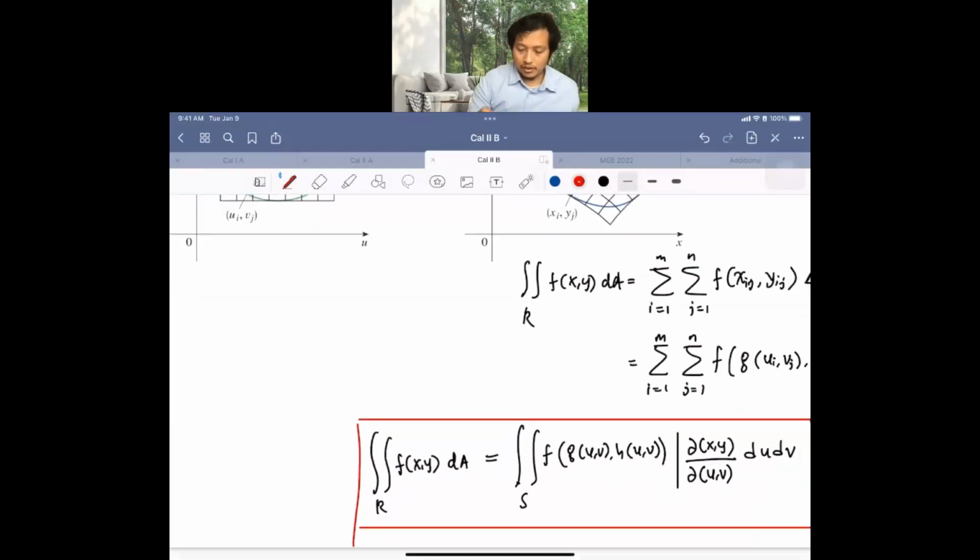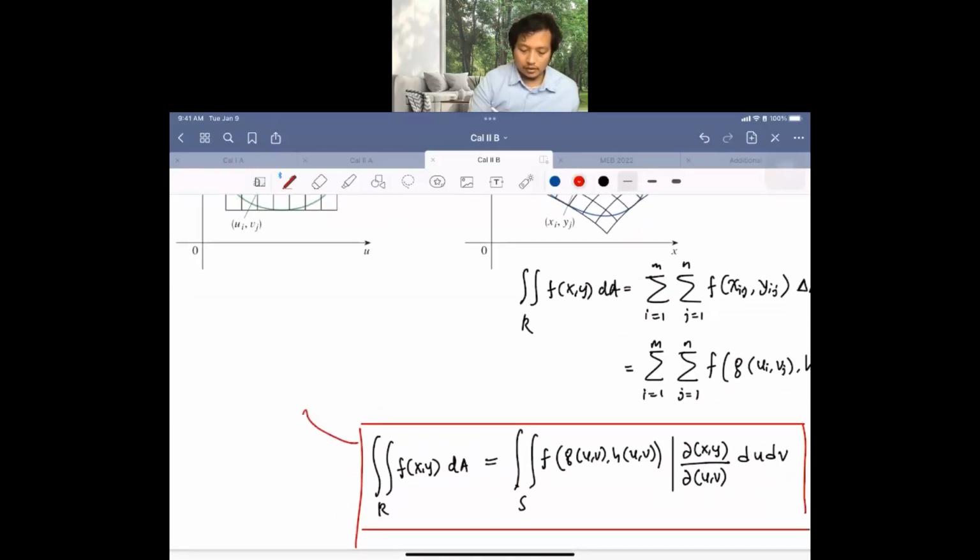But this supposes that T, the assumption is T is a C1 transformation, which has continuous first order partial derivatives, whose Jacobian is non-zero.